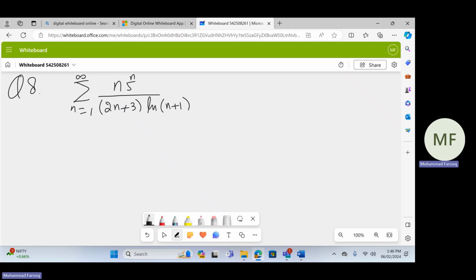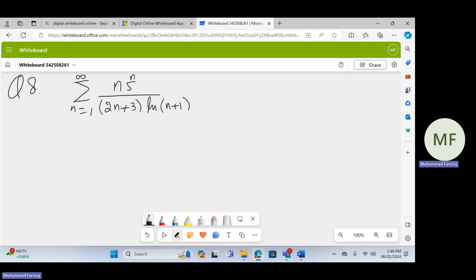So please, first of all, calculate here a sub n plus 1. The question is a sub n, okay? This is a sub n. So kindly calculate a sub n plus 1, and I told you for a sub n plus 1, replace n by n plus 1, okay?